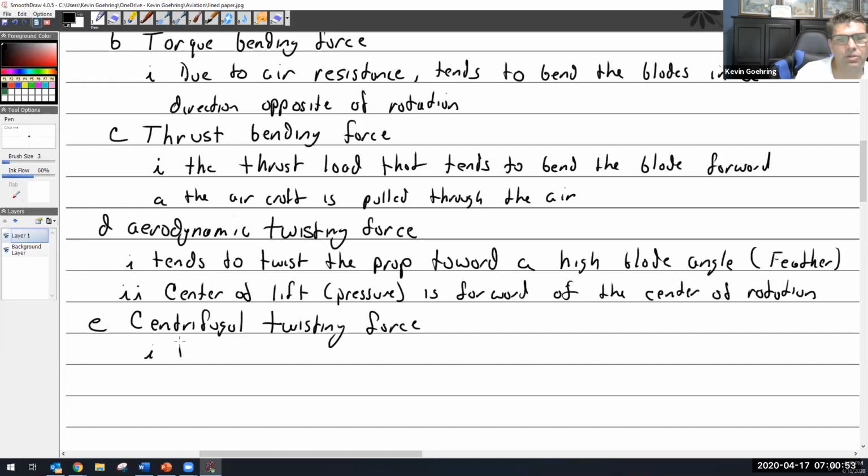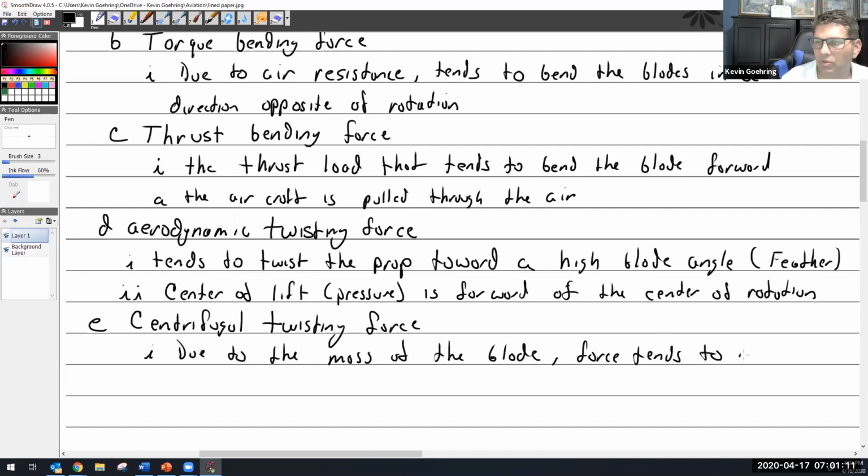All right, so due to the mass of the blade, the force tends to move the blade toward a lower blade angle.